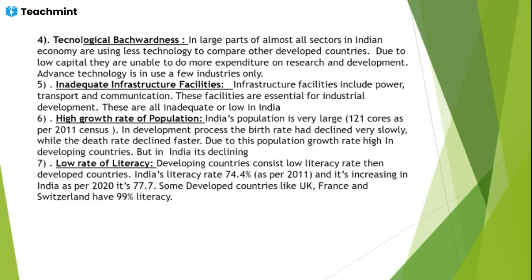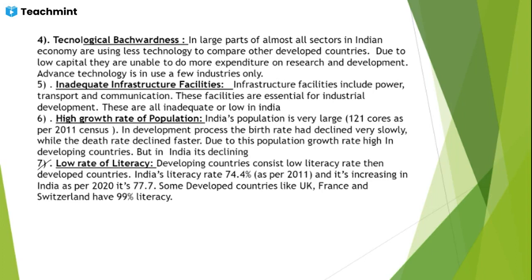And the seventh one, low rate of literacy. Literacy means how many people are able to write and read, and how many people have no education. This is low in all developing countries like India. Developing countries have a lower literacy rate than developed countries.